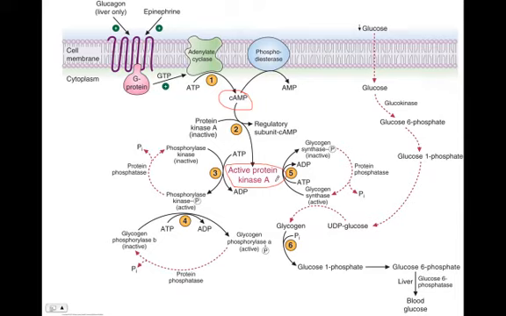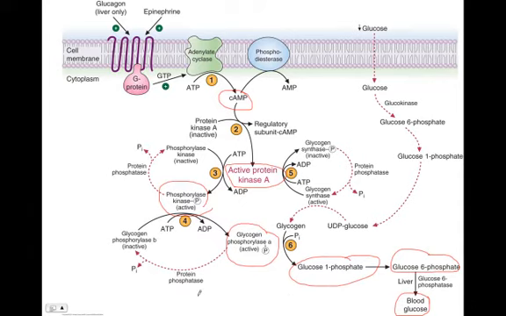In the case of glycogenolysis, protein kinase A phosphorylates phosphorylase kinase, activating it, and phosphorylase kinase phosphorylates glycogen phosphorylase. Glycogen phosphorylase facilitates the conversion of glycogen to glucose 1-phosphate, which is converted to glucose 6-phosphate until it's dephosphorylated by glucose 6-phosphatase and can help facilitate the maintenance of blood glucose.